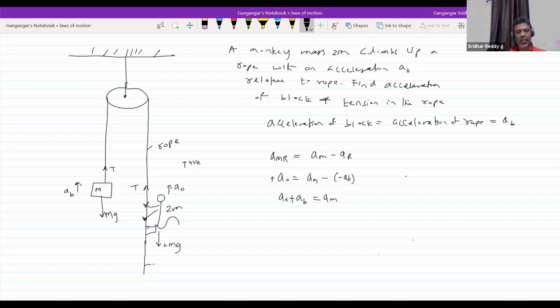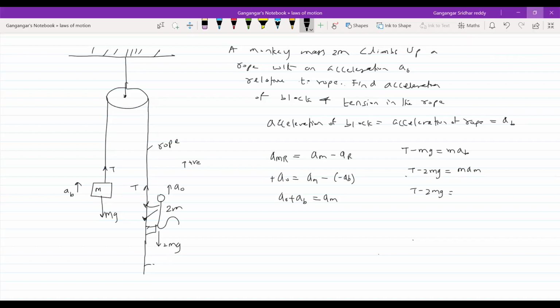So what is the equation I should write now? T minus mg equal to mAB. This is on the block. On the monkey, T minus 2mg equal to 2mAM. Sir, isn't it A naught minus AB?